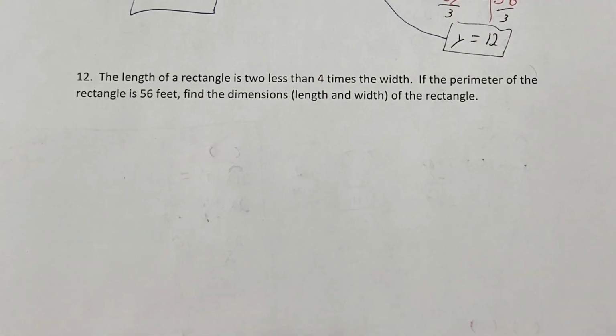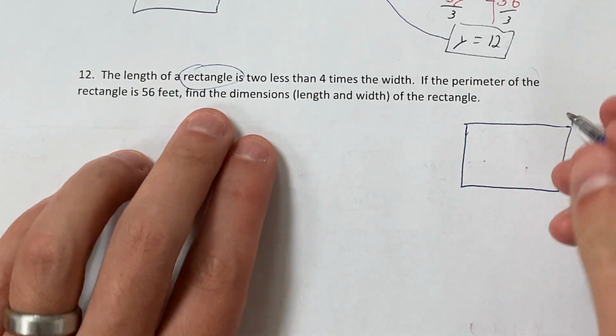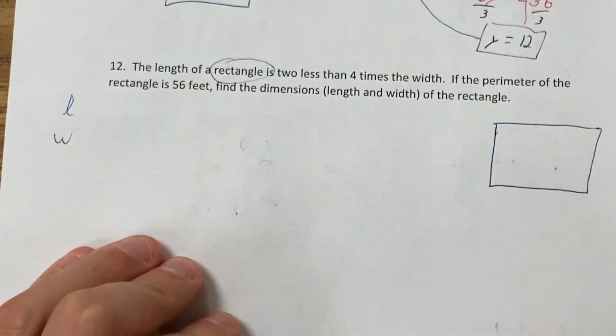Next up, the length of a rectangle. I'm going to draw a rectangle because I like drawing rectangles. So we're going to have lengths and we're going to have widths.